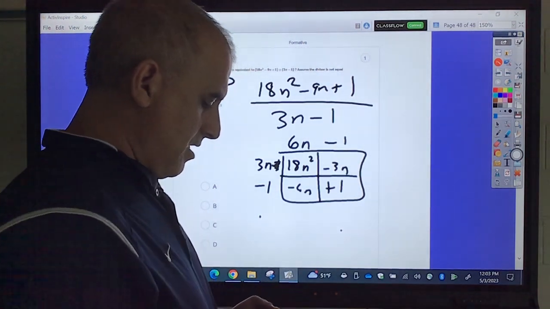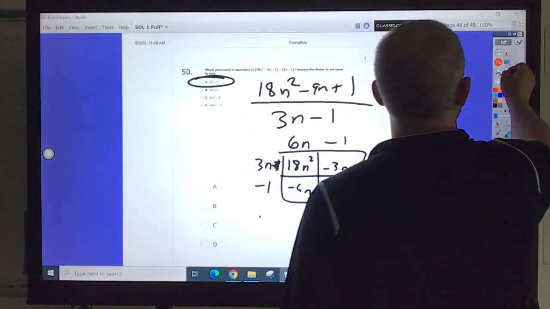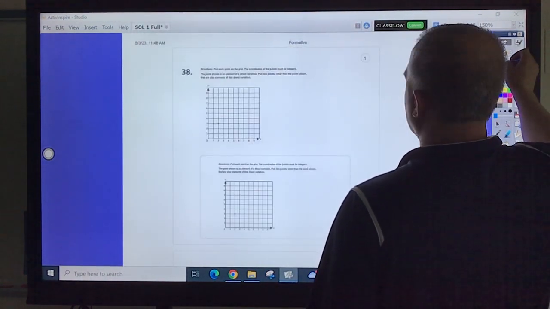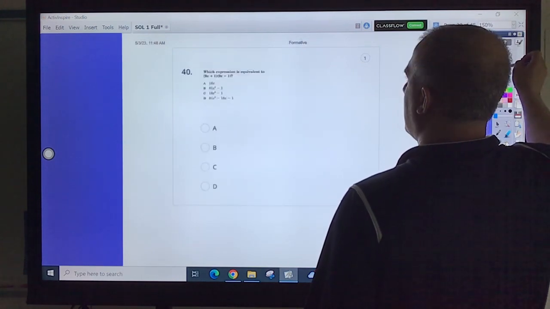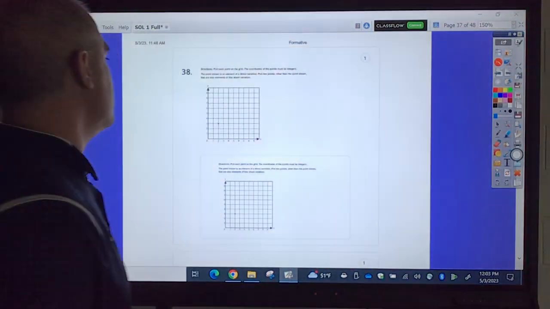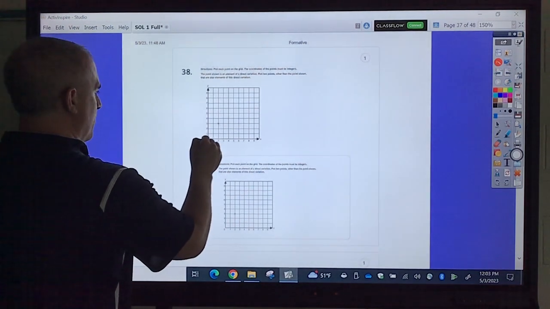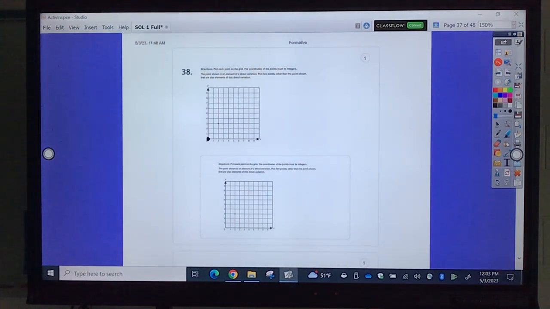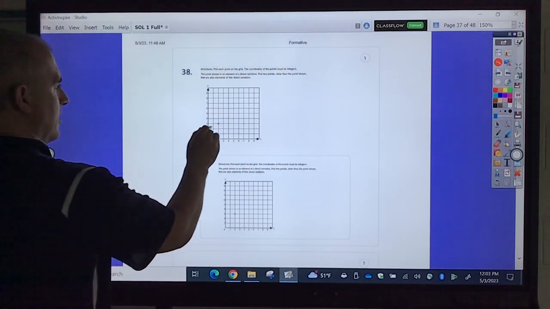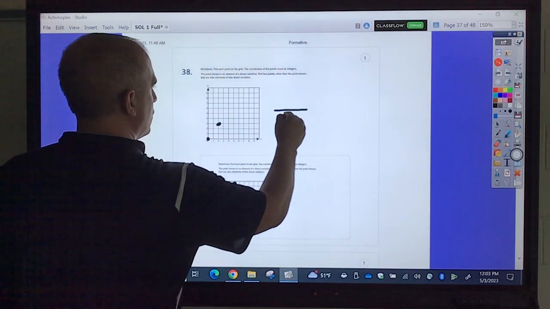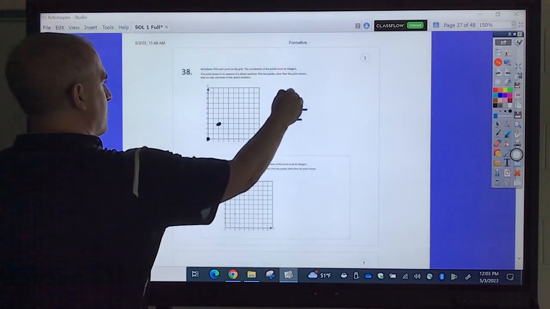The only other one I want to show you is question 38. Okay, question 38, you have to plot a couple of other points here. So the idea here, from here to here, I would go 2 over and 3 up.